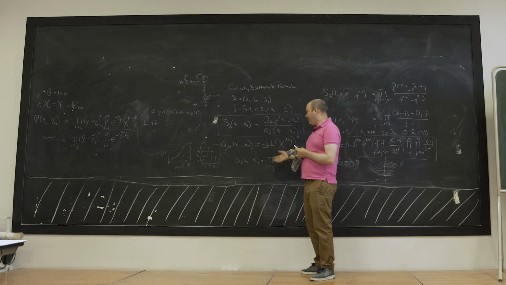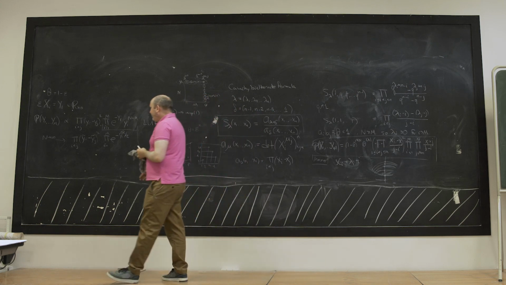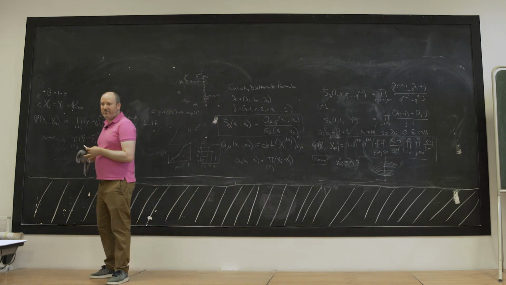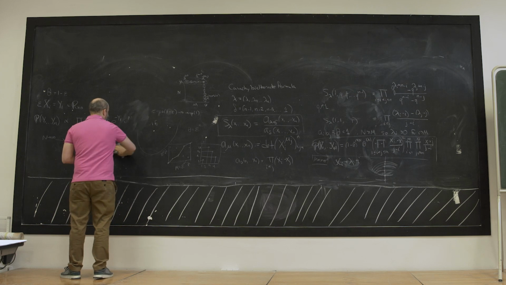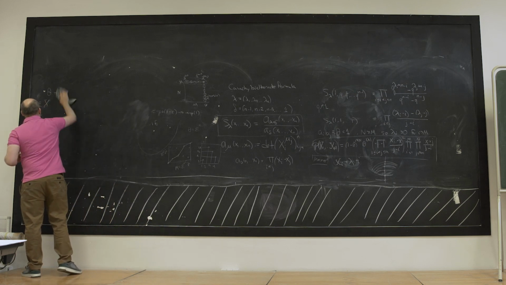Maybe I'll keep the inhomogeneities in the picture. How do I get to asymptotic analysis? What is one way? There are other routes, but what is one route to asymptotic analysis?